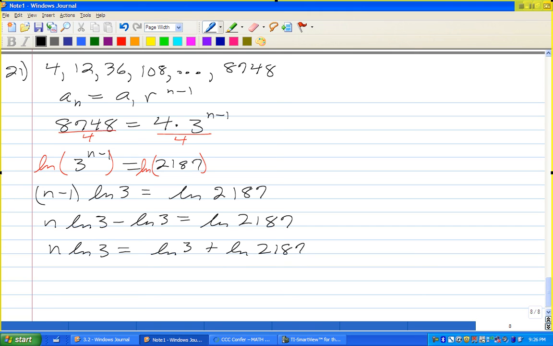Divide by ln 3. So n is equal to ln 3 plus ln 2187 over ln 3.